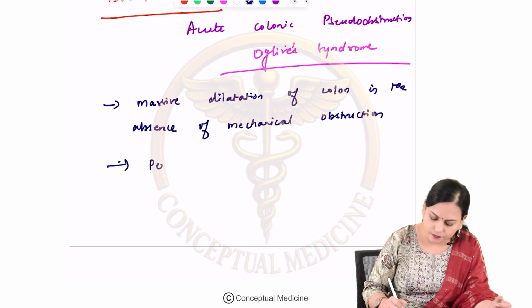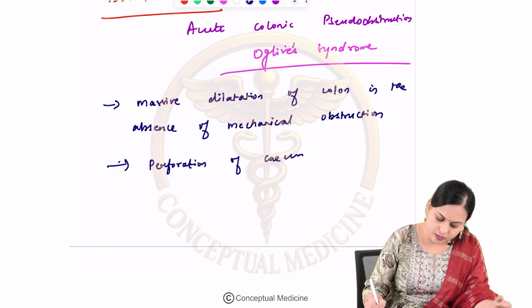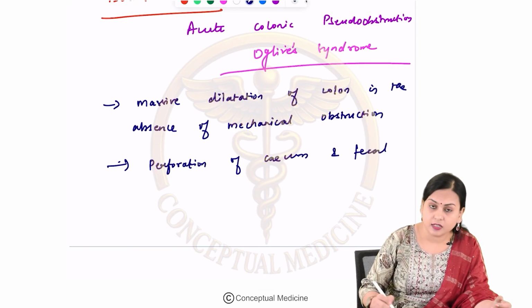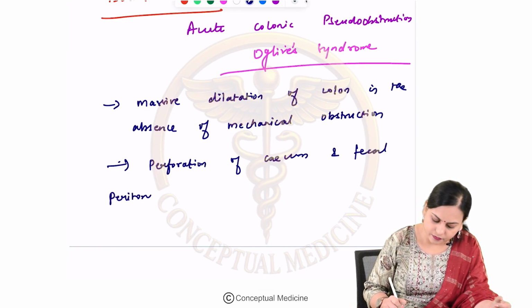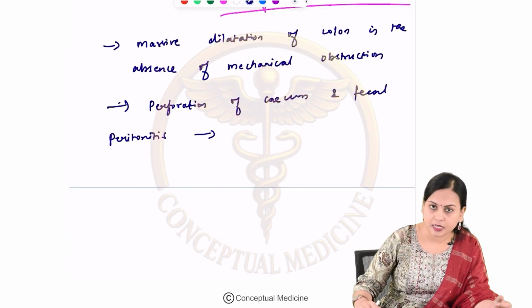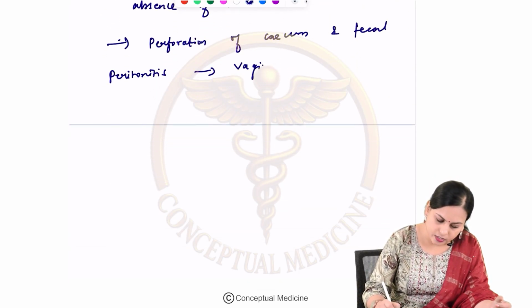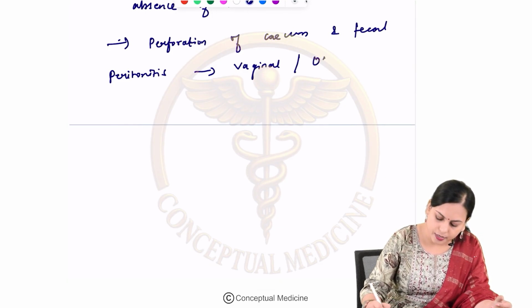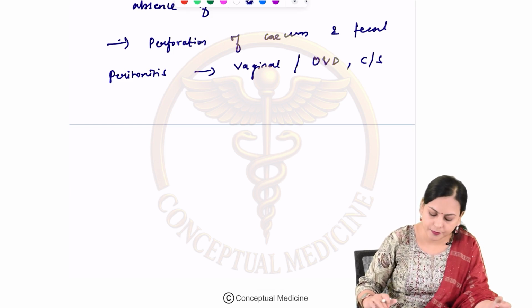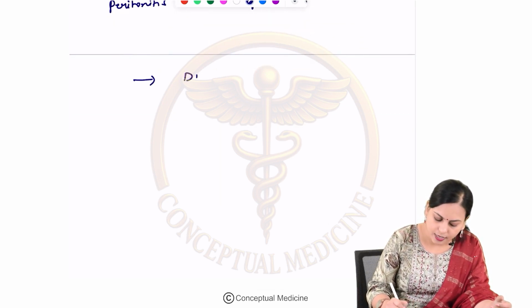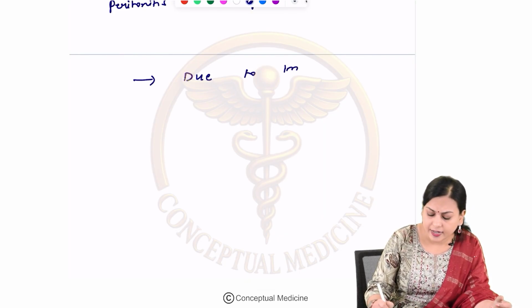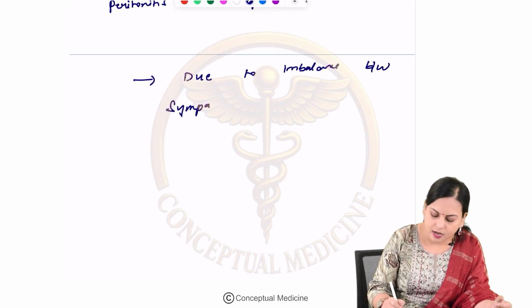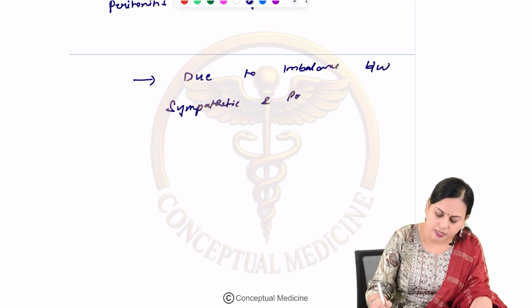This can lead to perforation of the cecum, and there can be fecal peritonitis as well. So this can be seen after vaginal or operative vaginal delivery, or even a cesarean section. Clear? So what happens is, there is an imbalance between the sympathetic and parasympathetic system.